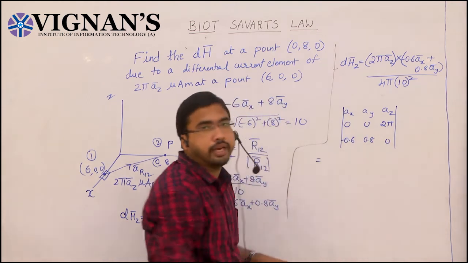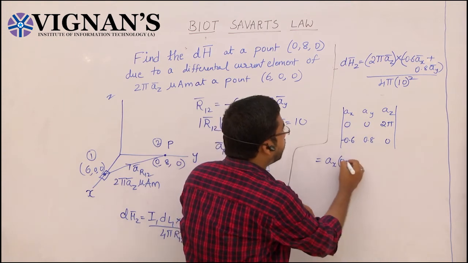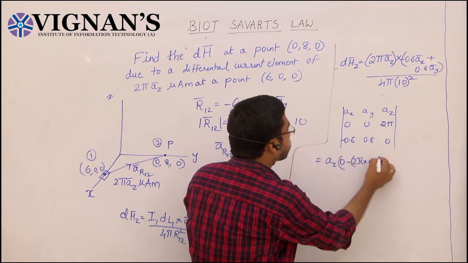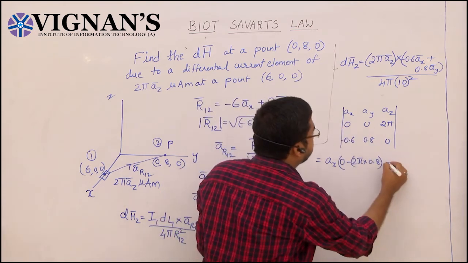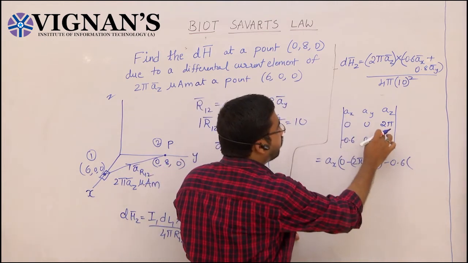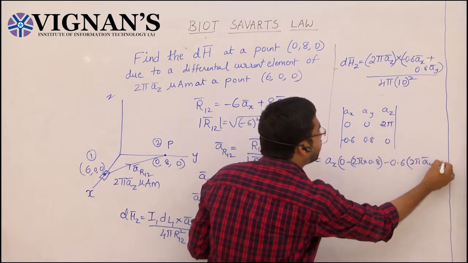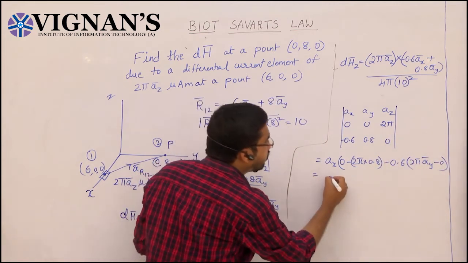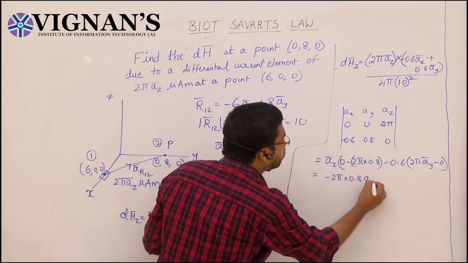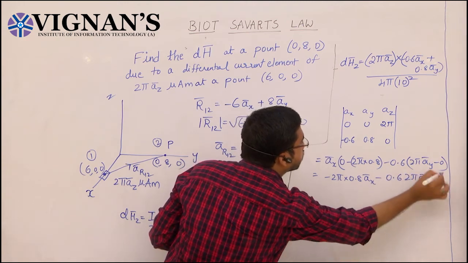If you find the determinant value for this, Ax into 0 minus 2 pi into 0.8, minus 0.6 into, if you take the determinant value, 2 pi into Ay minus 0. So this determinant value is minus 2 pi into 0.8 Ax minus 0.6 into 2 pi into Ay.